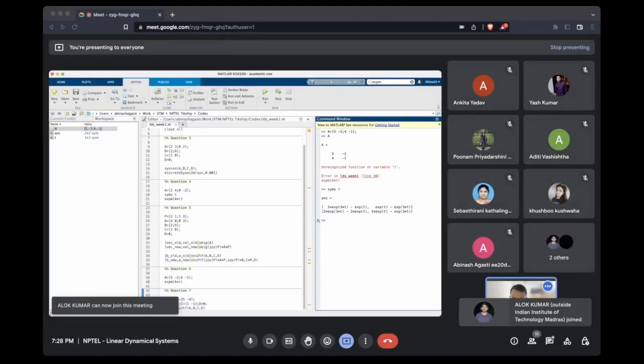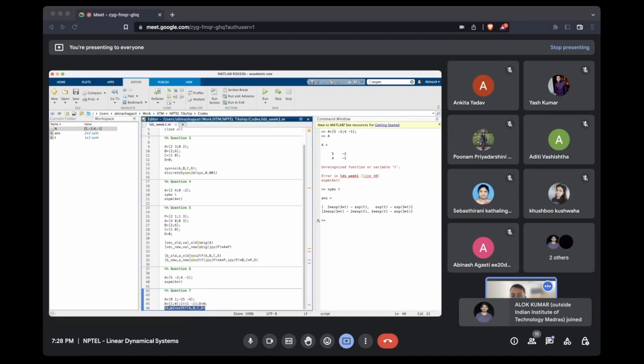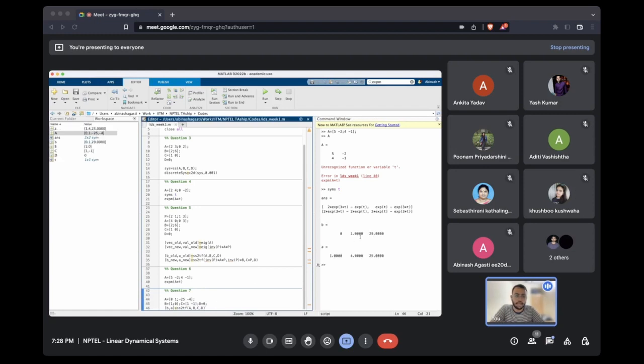I want to take this state space representation to a transfer function representation. I'll just run this. Then what I get is the numerator is s plus 29 and the denominator is s square plus 4s plus 25. So this verifies our solution.